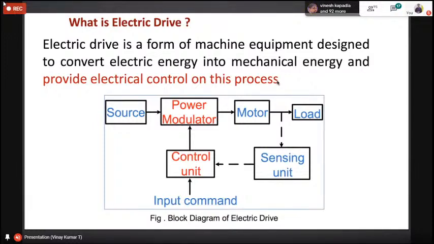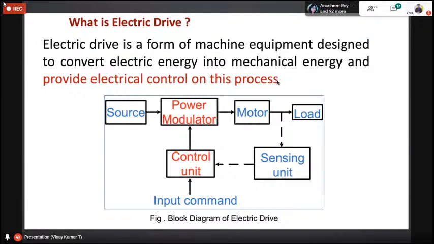Already we discussed that the main advantage of special machines is no winding on the rotor side. Mechanical losses and electrical losses are less, stress on the rotor core is also very less, and size is very compact compared to conventional machines. Based on these features, we can easily conclude that special machines can be selected for electrical drive applications nowadays.